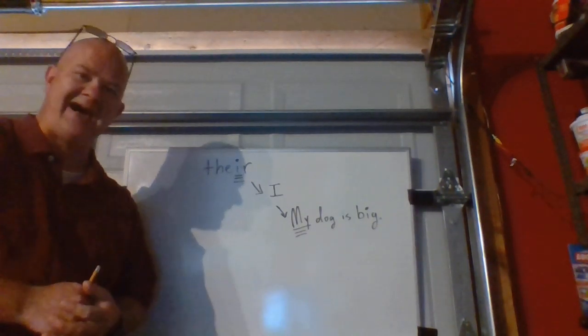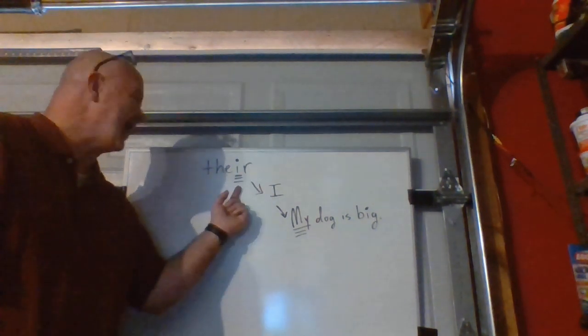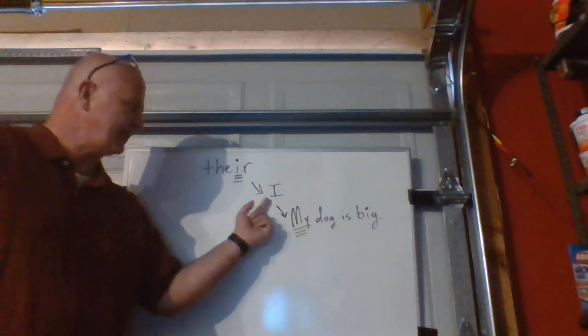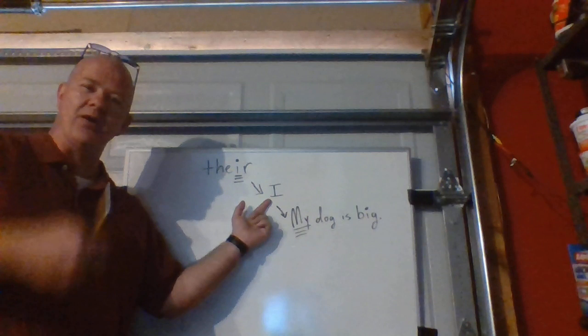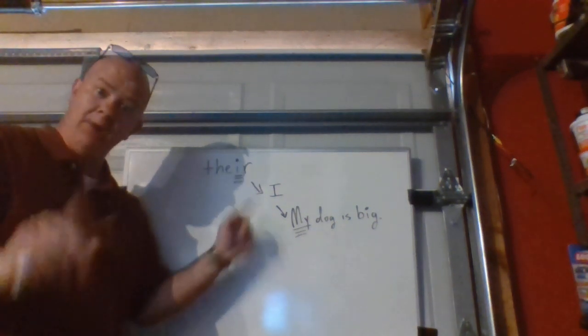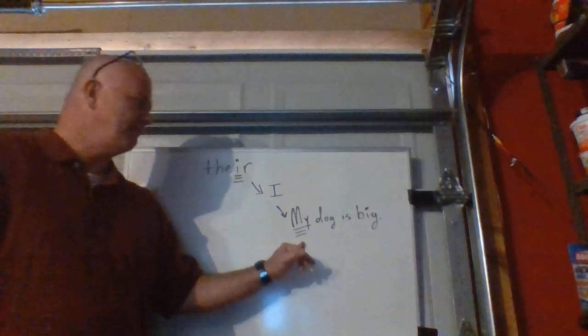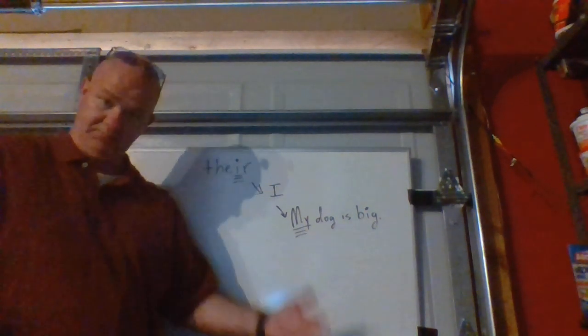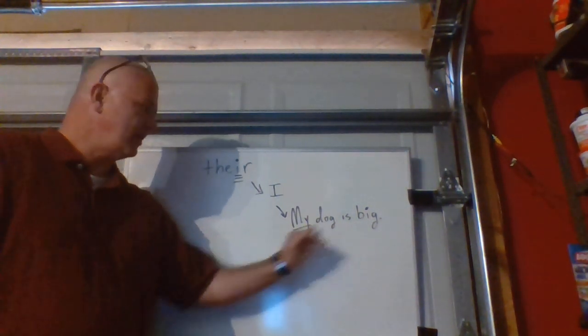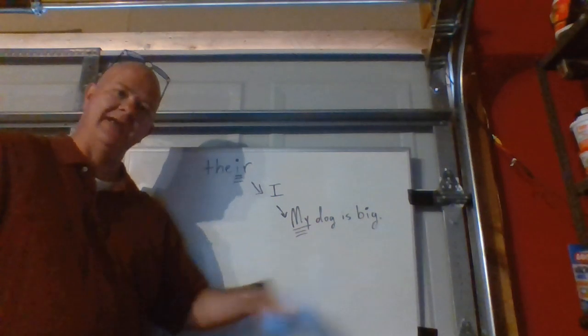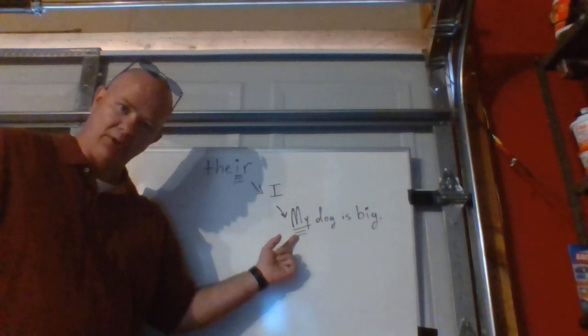T-H-E-I-R, it's the only word that has an I in it. Let's talk about that I. Let's talk about I or me for a moment. Let's turn that into my. If I said my dog is big, that makes sense. So I'm talking about ownership here. My dog. This is being used as a pronoun.